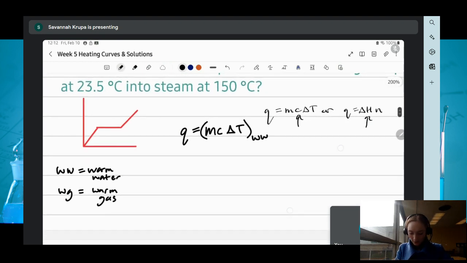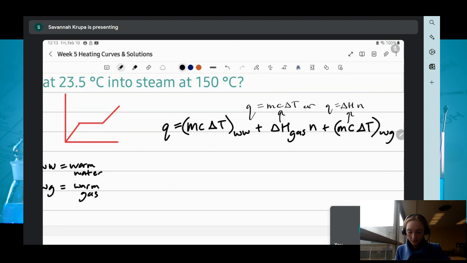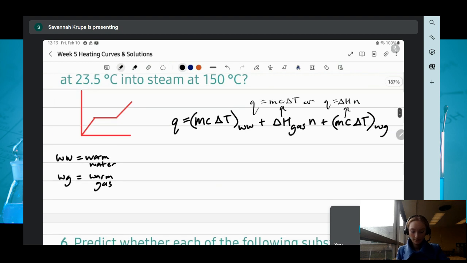So it'll be Q equals MCAT WW, and then we'll need to change the phase from liquid to gas. So that will have to have the enthalpy of gas vapor. So I'm going to say gas right here, times the amount of moles. And then we'll need another term because we have to heat up this gas to another temperature. So we'll have another MCAT of WG, and those are all three terms that we're working with here.